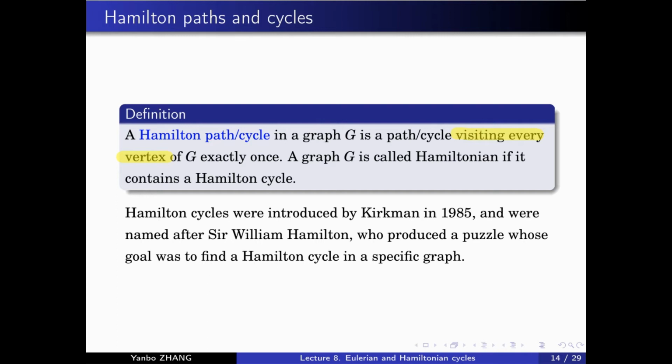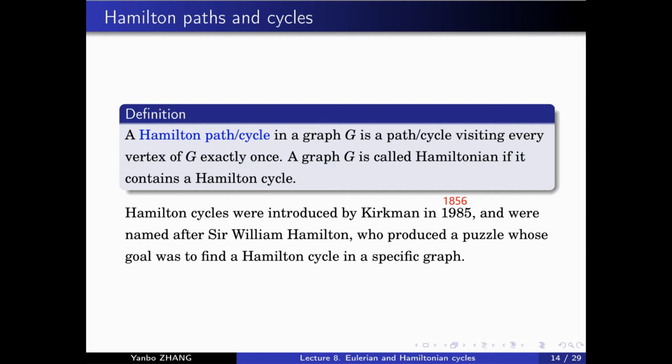Hamilton cycles were introduced by Kirkman, but their name comes from Sir William Hamilton, who produced a puzzle whose goal was to find a Hamilton cycle in a specific graph. Note that the year recorded in Sudakov's book is not true.